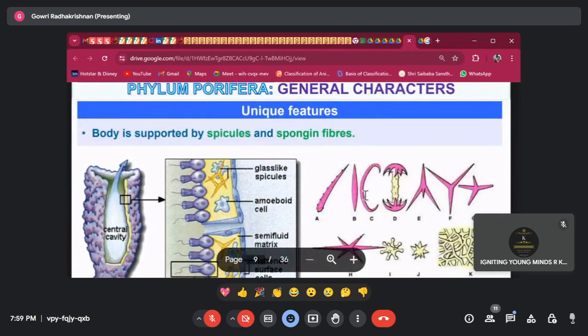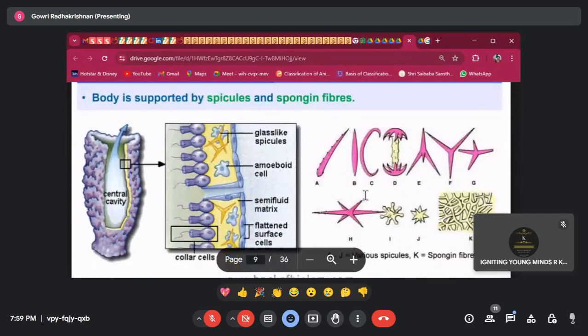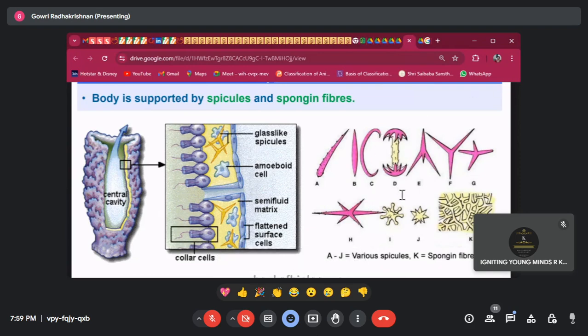Body is supported by spicules and spongin fiber. Can you see how the body is supported? It does not have a coelom, it does not have anything. Won't it get crushed? So, to give a structure and form to it, the spicules and spongin fiber help.